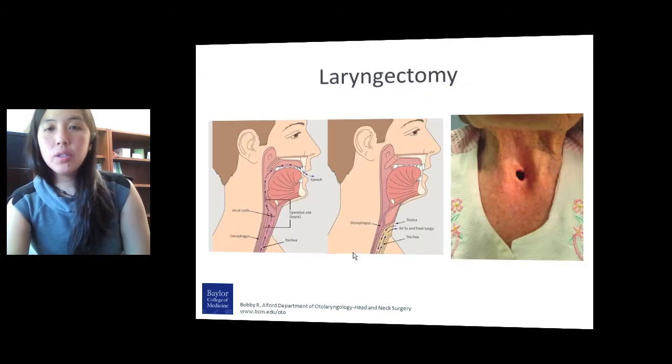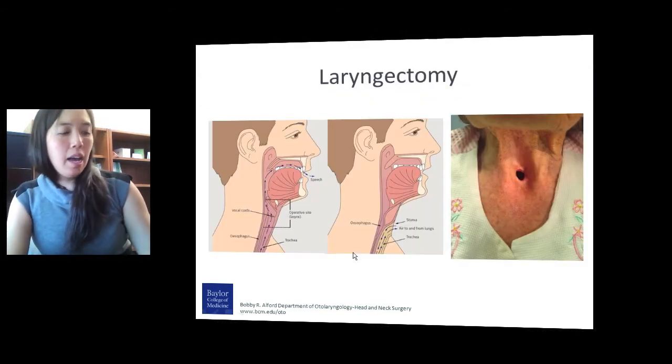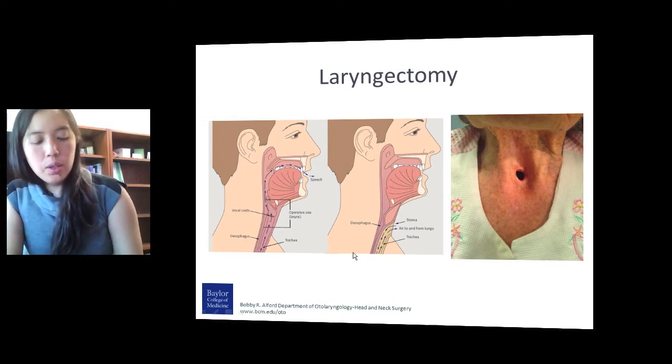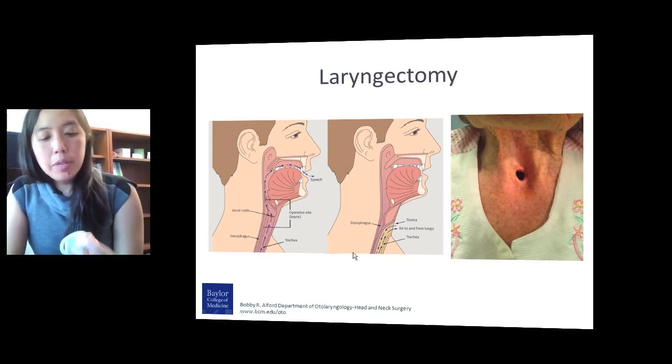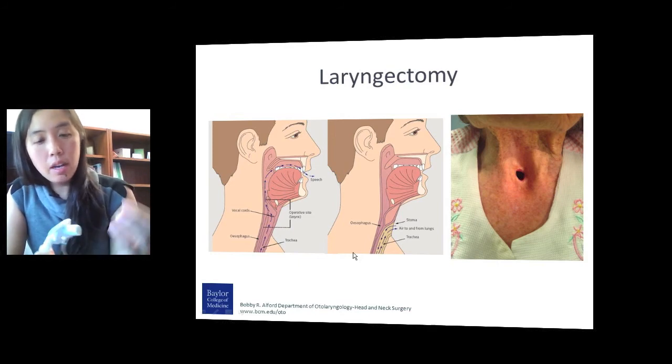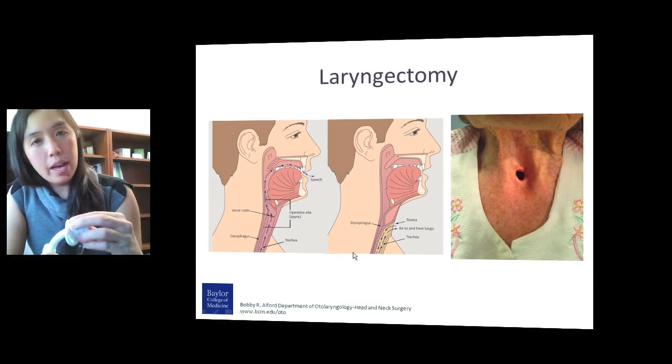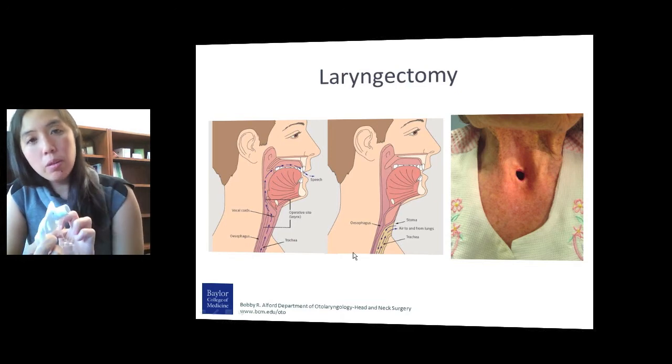So, how do you talk with a trach? There are adapters that you can place on the end of a trach, either a cap or a valve. With a valve, the valve opens when they breathe, so they breathe in through the trach.